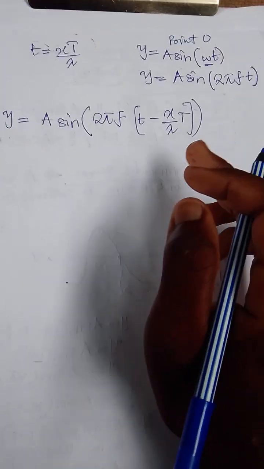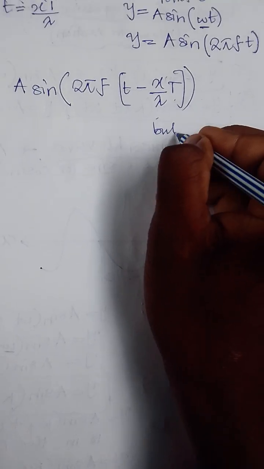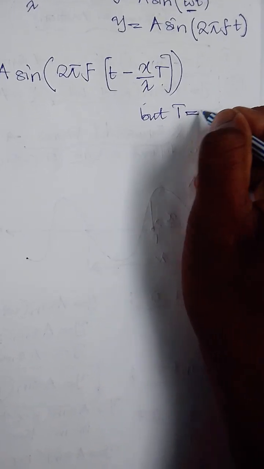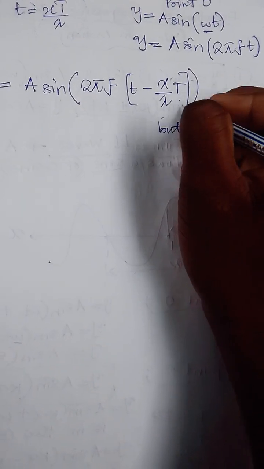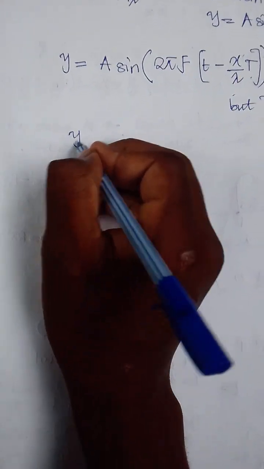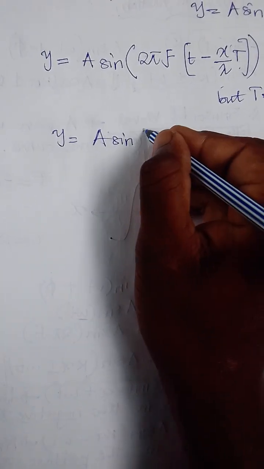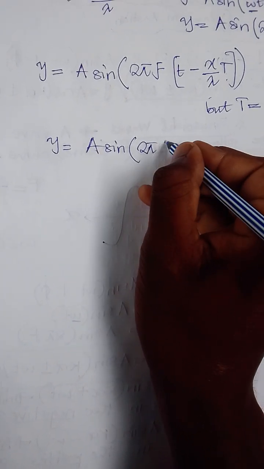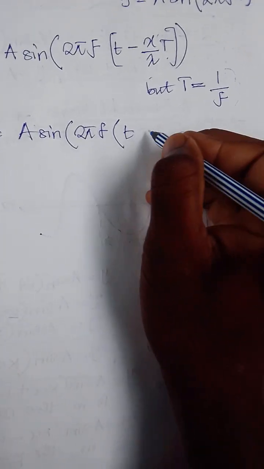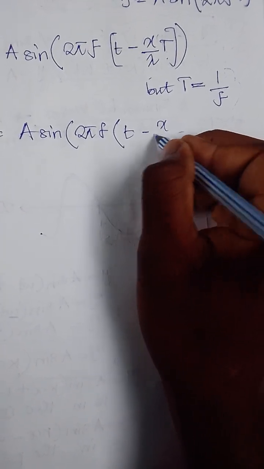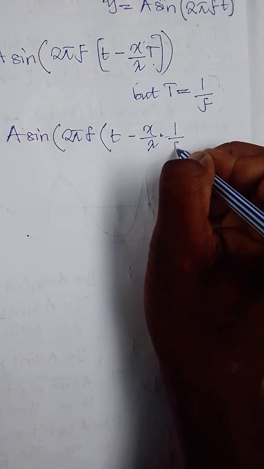Now I know that my period is equal to 1 over frequency. So let me substitute there. y is equal to a sine 2 pi f t minus x over lambda multiplied by 1 over f.